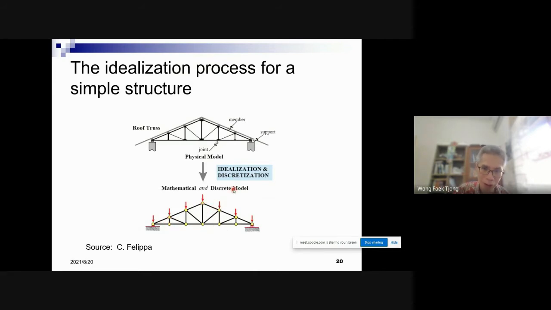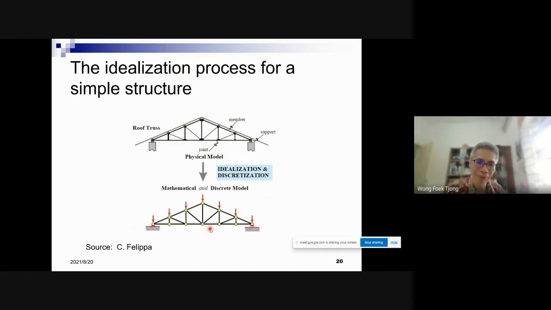The second question: is this model discrete or continuous? What do you think? Recall that it's discrete if it has a finite number of degrees of freedom. It's continuous if it has infinite degrees of freedom.